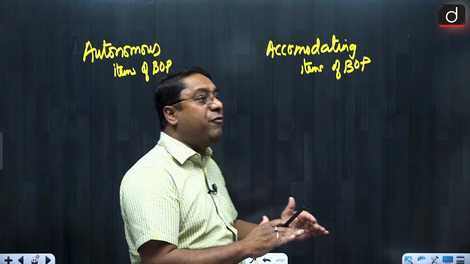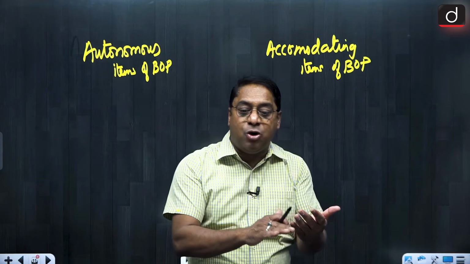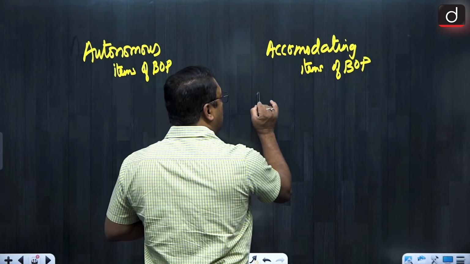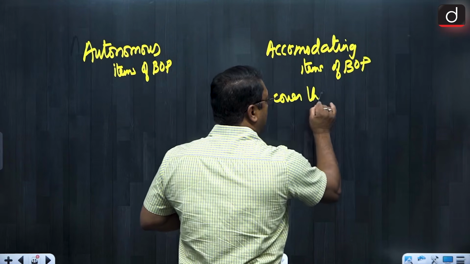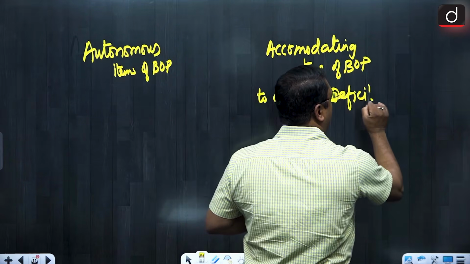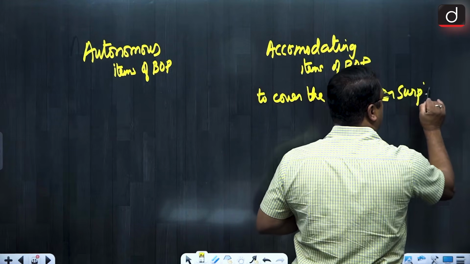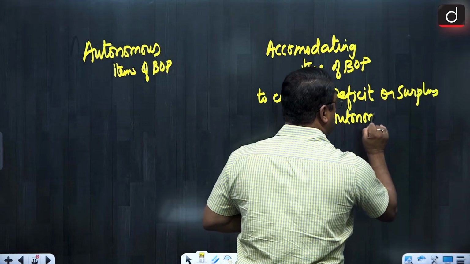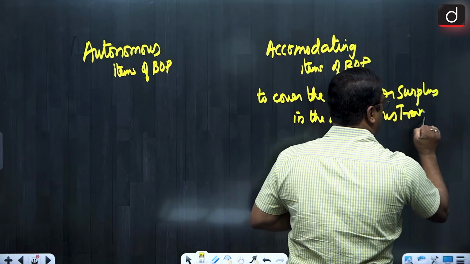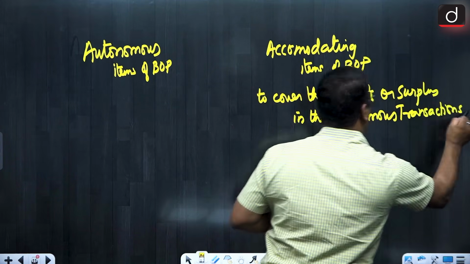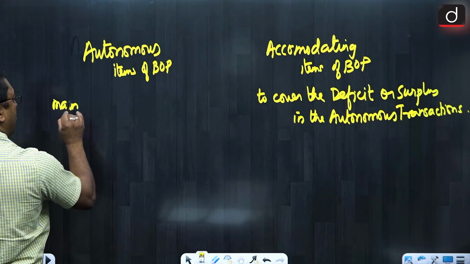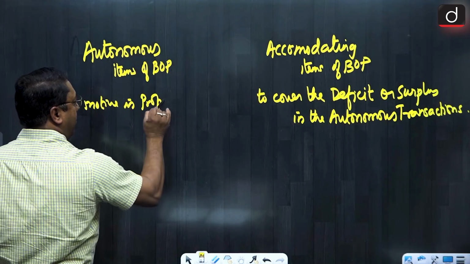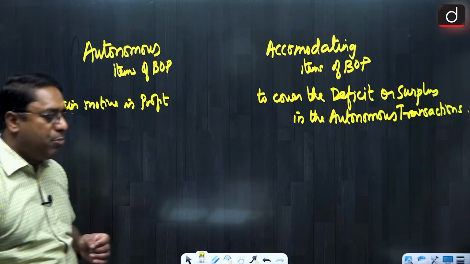That is, its main motive is to cover the deficit or surplus in the autonomous transactions. And here the main motive is profit.